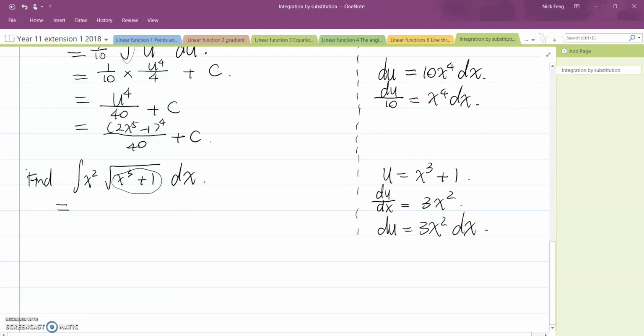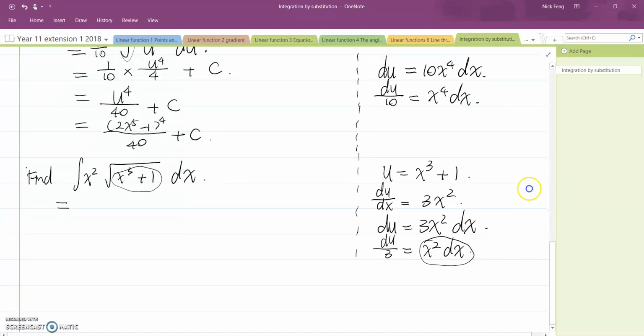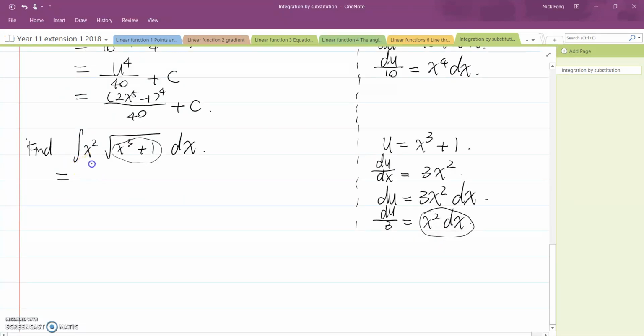And is that good enough? Not yet. The reason is we don't have 3x squared. We only have x squared. Therefore, just rearrange it a little bit to get exactly the same thing that's provided in the question to make your substitution. Therefore, if you replace now, this is square root of u, and that gives us du over 3.